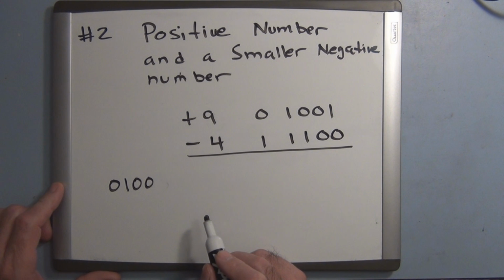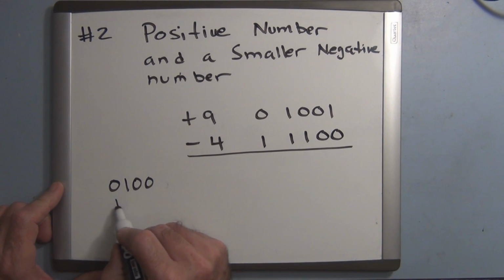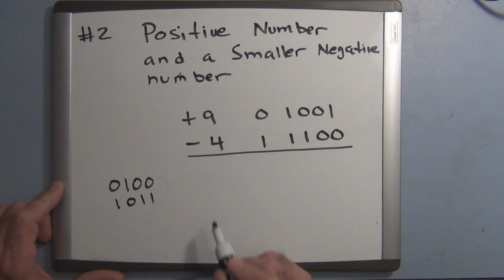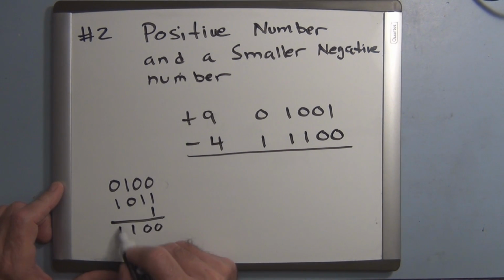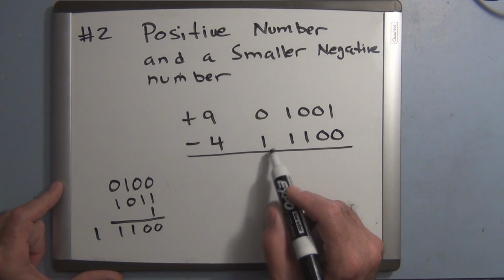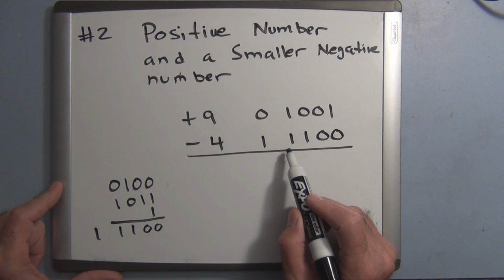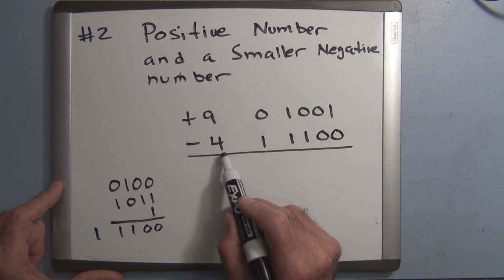To get that into 2's complement form, we have to complement each of these bits and then also add a 1. So this becomes 0 carry the 1, 0 carry the 1, 1 with the sign bit. So you can see this is the 2's complement form of minus 4.